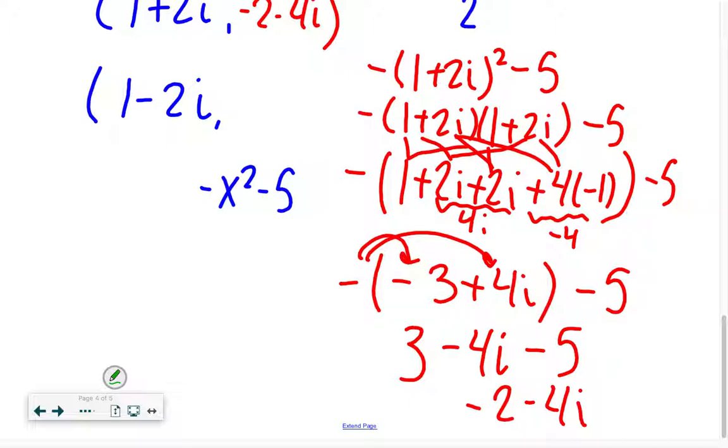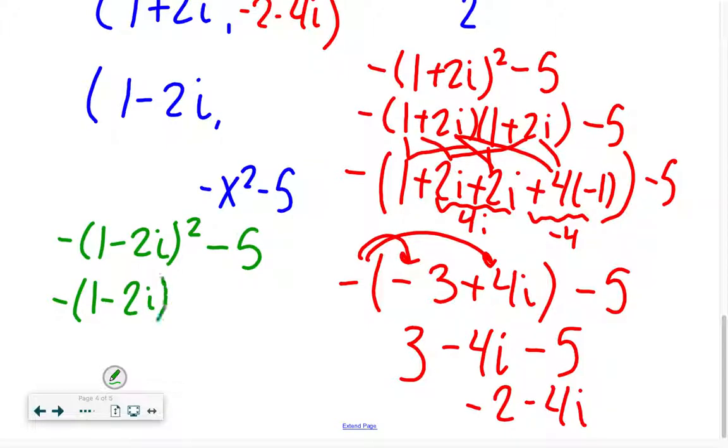Okay, this time what am I plugging in for x? 1 minus 2i. You guys know how to square easily. 1 minus 2i times 1 minus 2i, all minus 5.